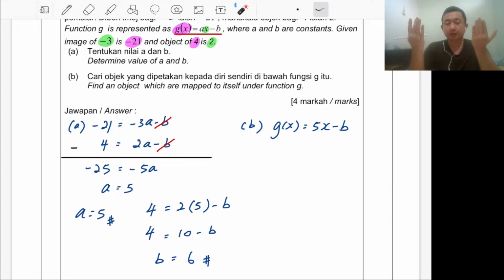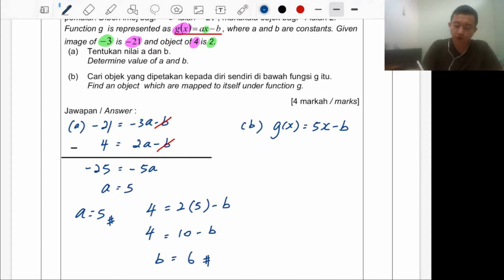So in this case, we do not know the value of the object. So if you put the object as x, your image should be x as well. Okay? So if you put in x into g(x), the image should be x as well, mapped to itself.